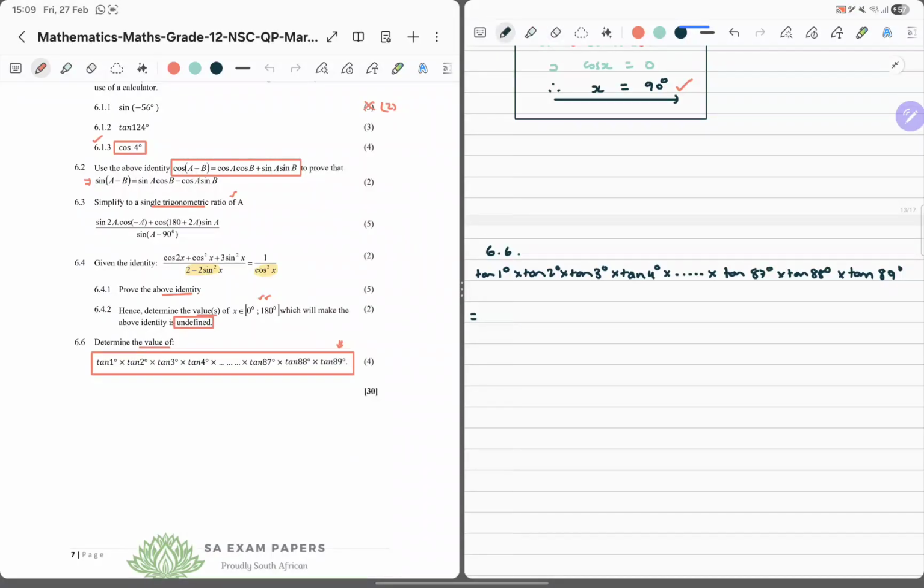We know that the tangent is just sine 1 degree over cos 1 degree times sine 2 degrees over cos 2 degrees. Sometimes you don't know where you're going. So this is tan 3 degrees over cos 3 degrees times sine 4 degrees over cos 4 degrees. Okay.